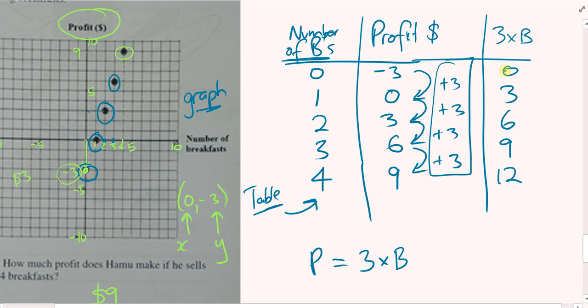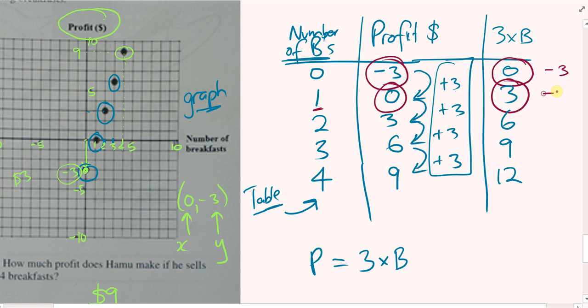Now I can see that although I get 0 here, I actually want -3 for the profit. So it looks like I have to subtract 3 to get -3. Let's look at the next one. When the number of breakfasts is 1, 3 times B is 3, but I need 0.